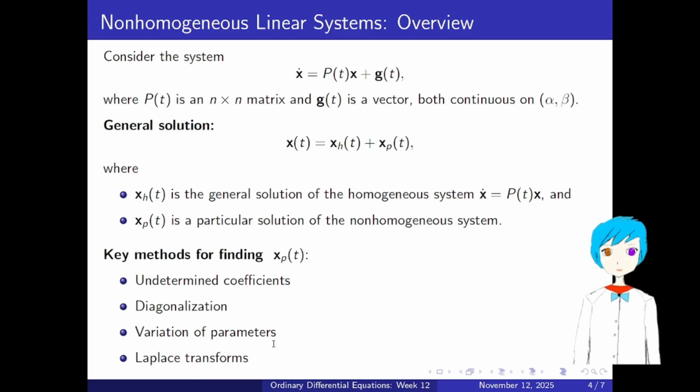Variation of parameters, that is to suppose x equals P(t) times u(t), where P(t) is a fundamental matrix to this homogeneous system. Of course, the variation of parameters method highly depends on whether we can successfully solve for this homogeneous system. Finally, we can also consider applying the Laplace transform for vector functions, but this is more complicated than the Laplace transform for scalars.